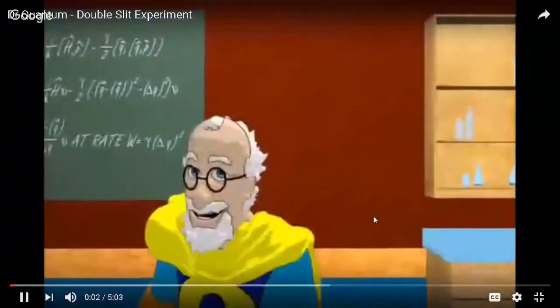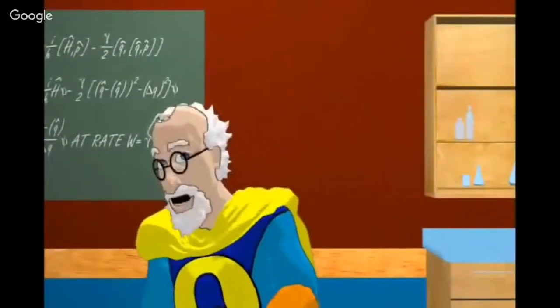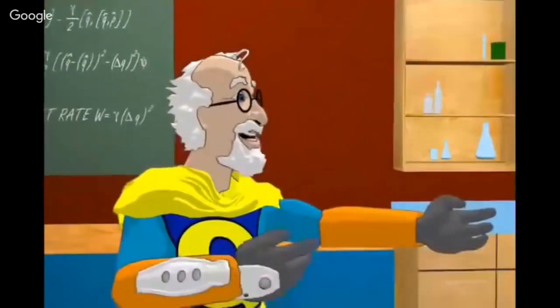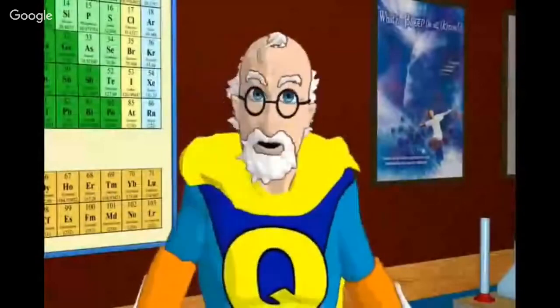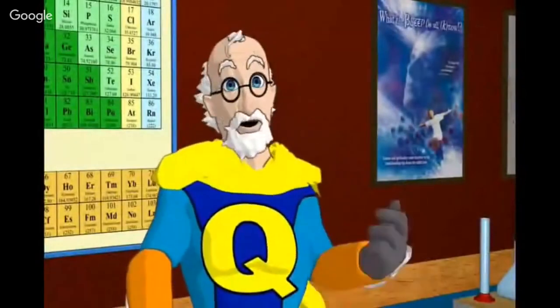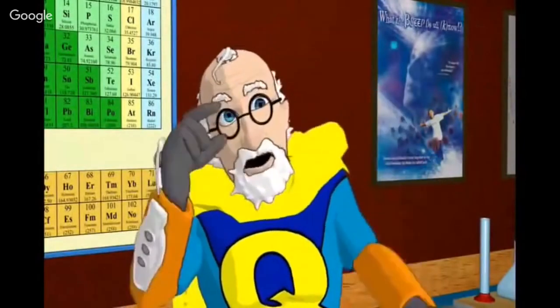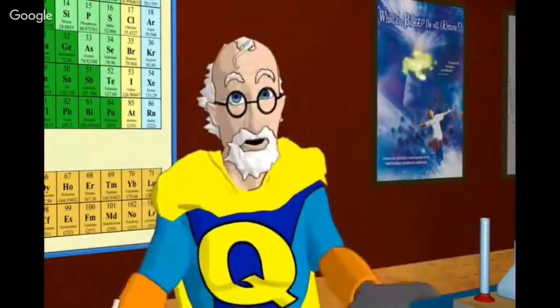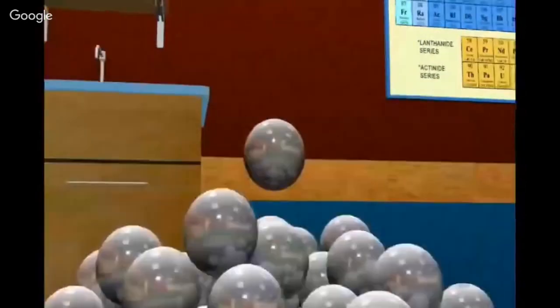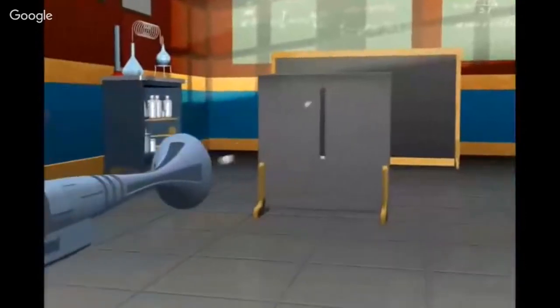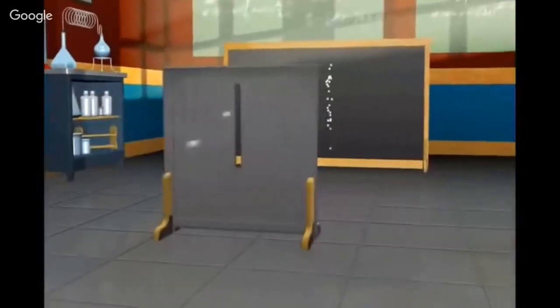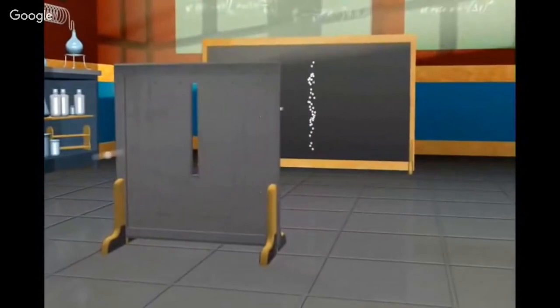And here we are, the granddaddy of all quantum weirdness, the infamous double slit experiment. To understand this experiment, we first need to see how particles, or little balls of matter, act. If we randomly shoot a small object, say a marble, at the screen, we see a pattern on the back wall where they went through the slit and hit.